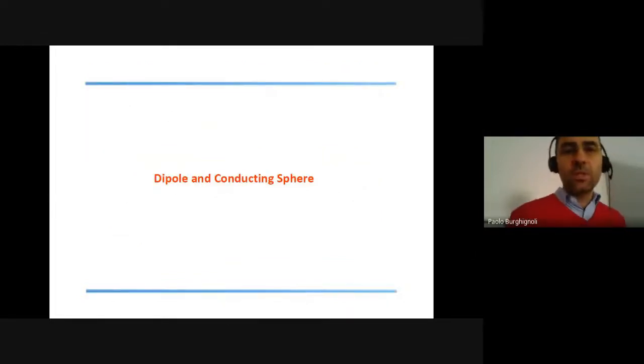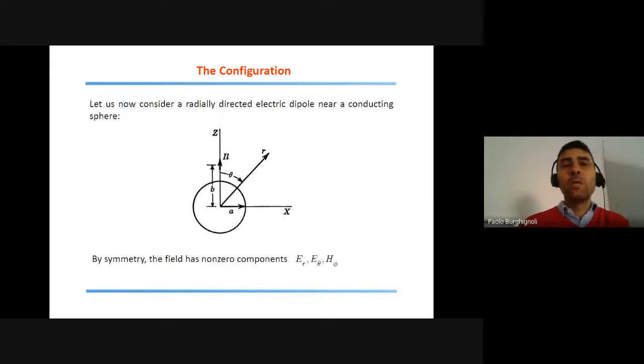Let us now consider the problem of a dipole radiating in the presence of a conducting sphere. According to this sketch, here we have a dipole with the moment I times L placed along the z-axis at a distance b from the origin, which is the center of a perfectly conducting sphere with radius a.